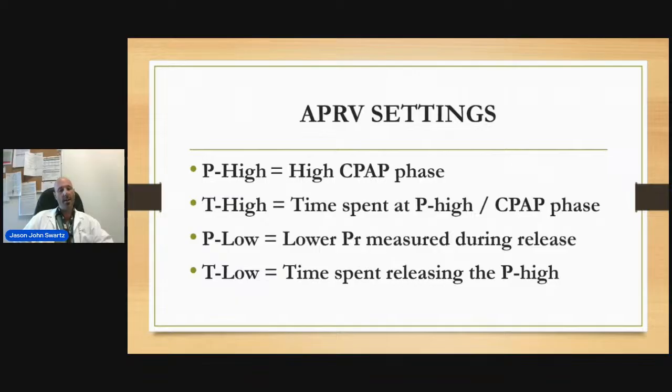And the time low is the time spent releasing from that P high as you descend towards a lower P low setting. Like I said, that is measured with an expiratory pause while your P low parameter is at 0 because we're creating air trapping purposefully.